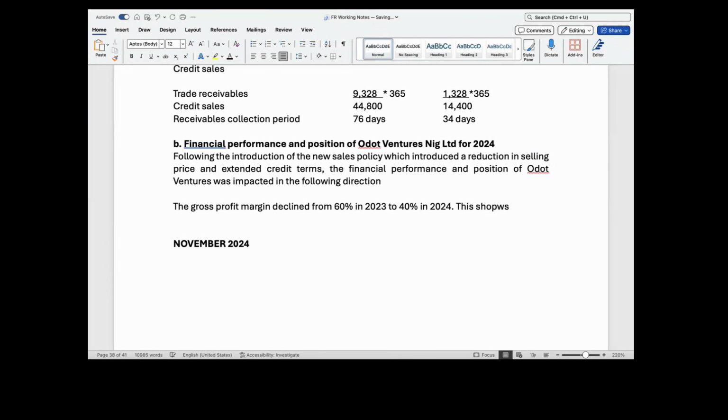This shows that the reduction in selling prices resulted in a depressed gross profit.